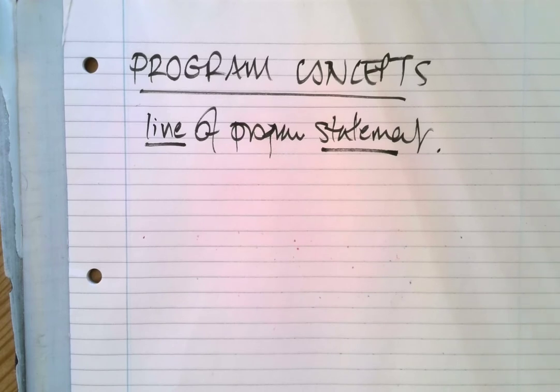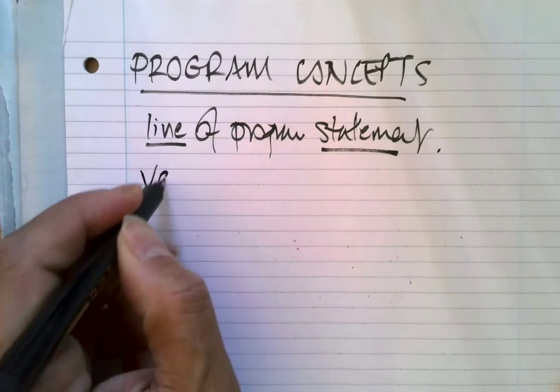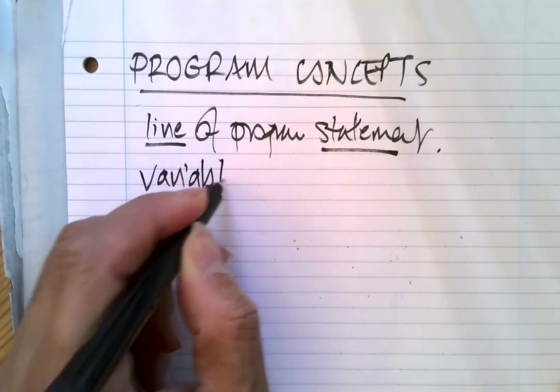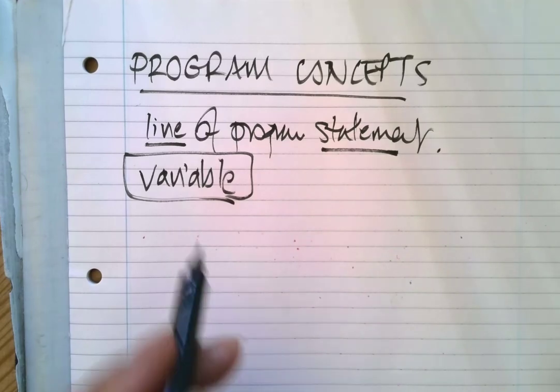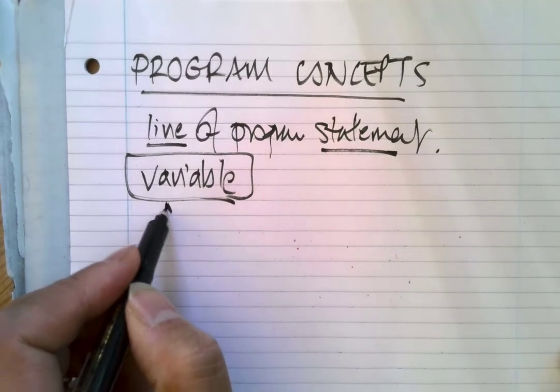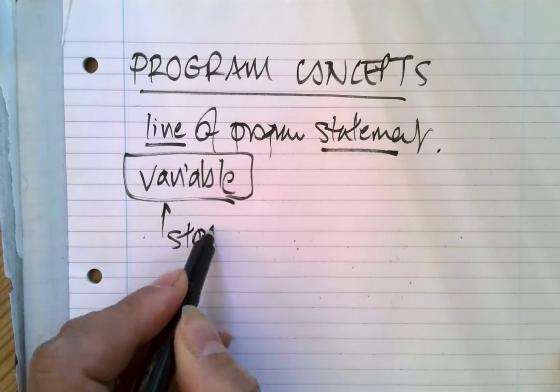Now, there is one element of that video that I thought I rushed very quickly, and that was the introduction to this word variable. Now, a variable is really all about storing data in memory.